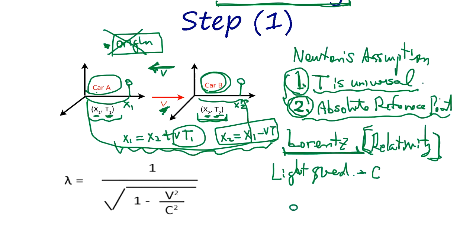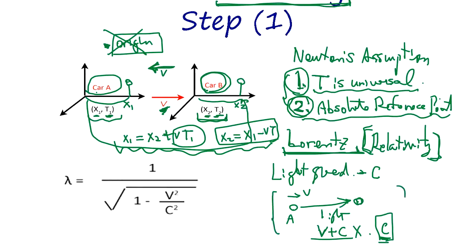For example, A is going at the speed v and emits light, and B receives it. So is this light speed v plus light speed c? No, it turned out to be c. It's very strange. For every observer, the light speed is constant. That was an experimental result at that time.